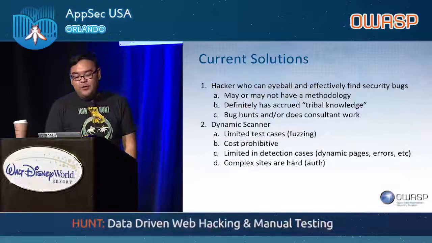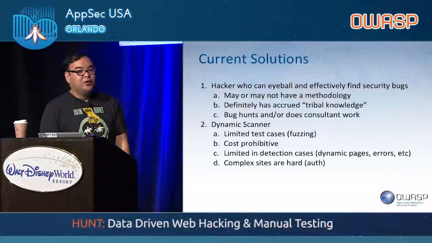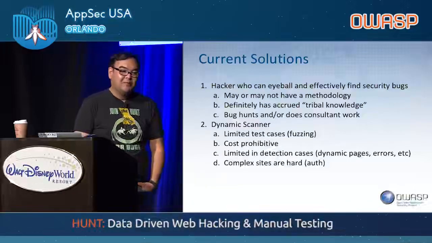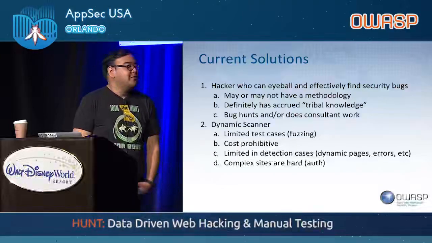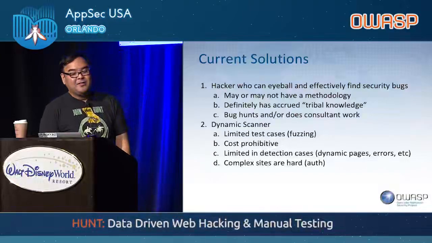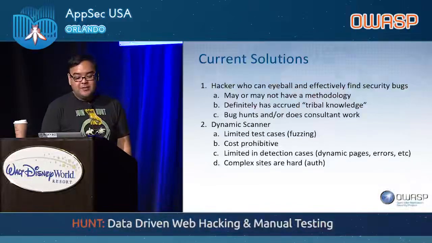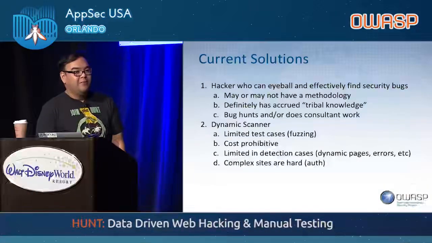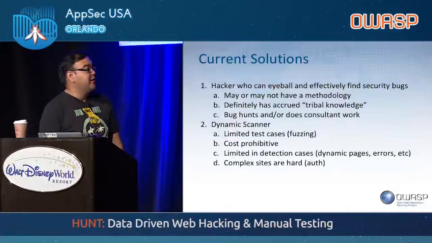But it's important to use a methodology when you're doing your testing. They definitely have accrued tribal knowledge. Again, that just comes with experience, and it puts all the new pen testers at a disadvantage because they just don't have that experience, or someone who bug hunts or does consultant work already. And again, it just goes back to that problem: we have a shortage in the industry.